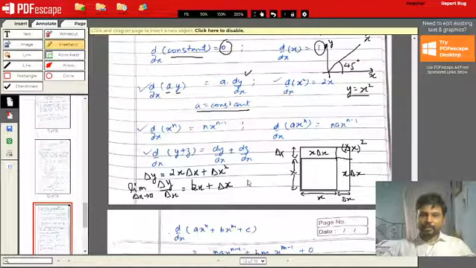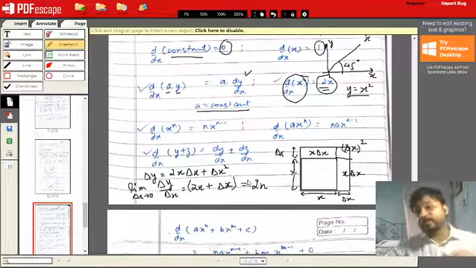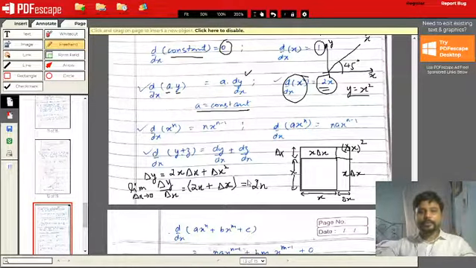When delta x is becoming small, this is equal to 2x. So that means d by dx of x square has to be 2x. This is what we found. This is a useful formula which we must remember: differentiation of x square with respect to x is 2x.